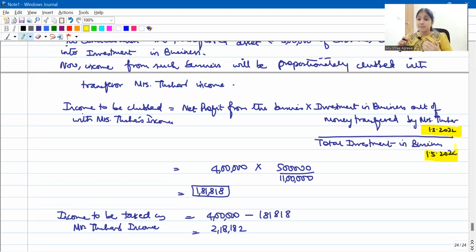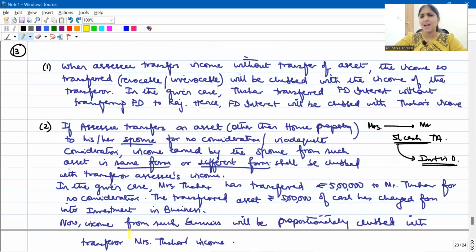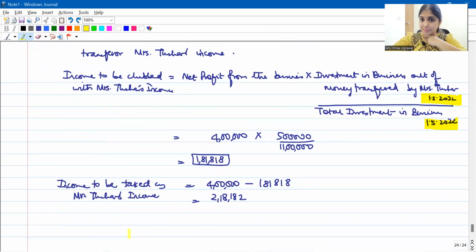But because I'm starting my business in between the year, for that business, the previous year will start whenever I start the business. So 4 lakh into 5 lakh by 11 lakh, 1,81,818 I will club with Mrs. Tushar's income. The balance profit will be taxed as Mr. Tushar's income itself. Crystal clear with this, everybody, guys. A very good adjustment. Are you able to absorb this? We have written it properly, just like how you will write in the examination, guys.